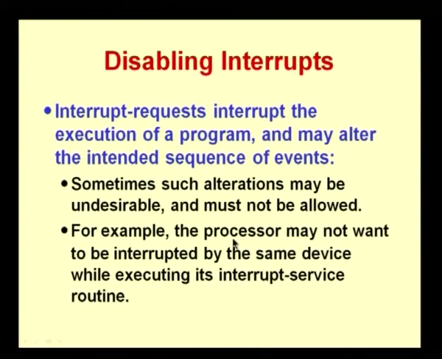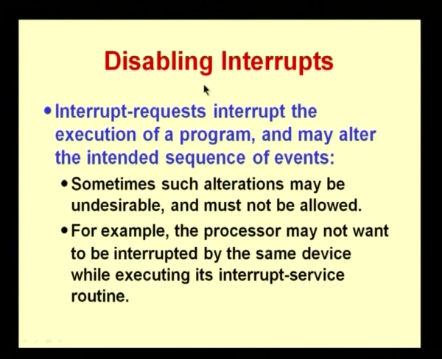Now, look at this. You have a processor which is interrupted, and when the processor is interrupted, it moves to the interrupt service routine and it is servicing that interrupt. While it is servicing that interrupt by executing that interrupt service routine, it may not want to be interrupted again by the same device, in which case you may want to suppress the interrupt. This can be done by means of this mechanism called disabling of interrupts.